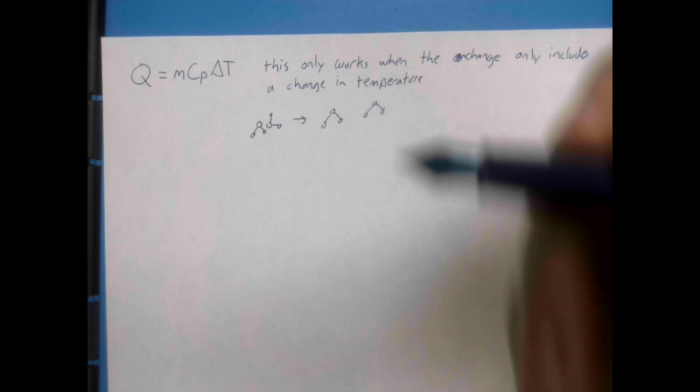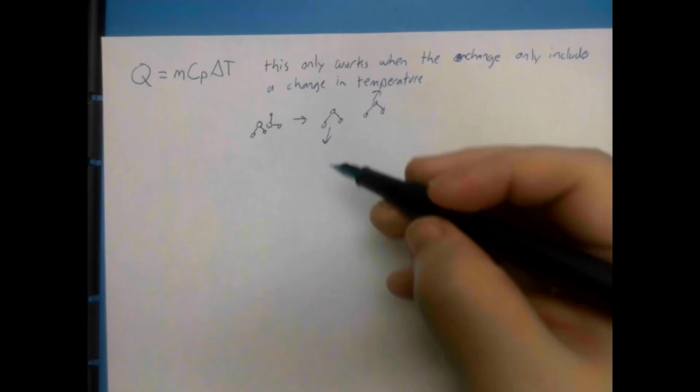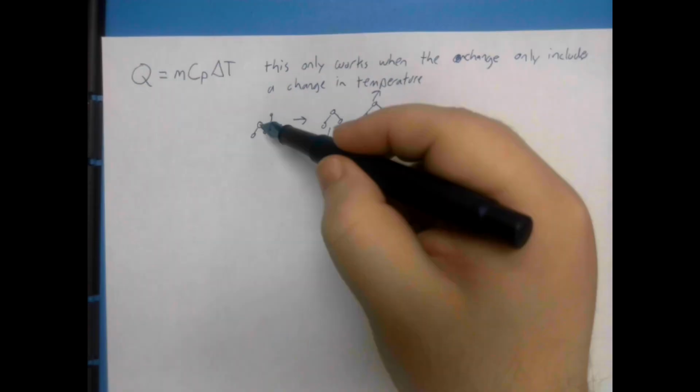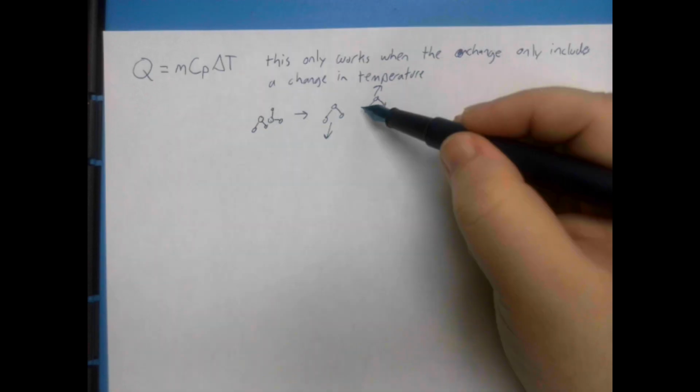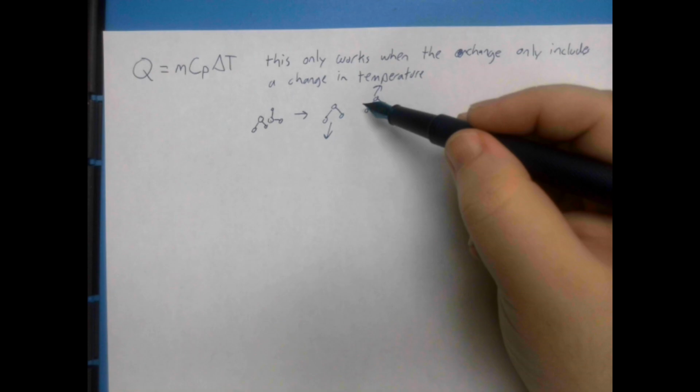So they can move in random directions. These have some molecular forces that limit their motion, while when it turns into a gas, it's able to move more freely.